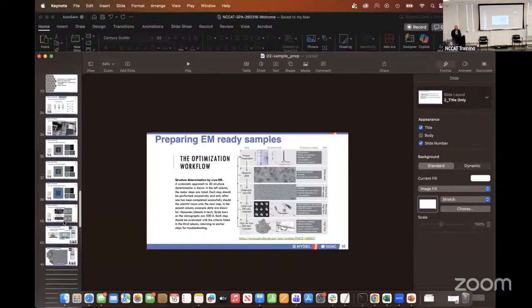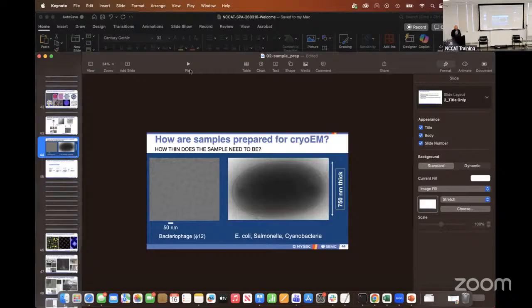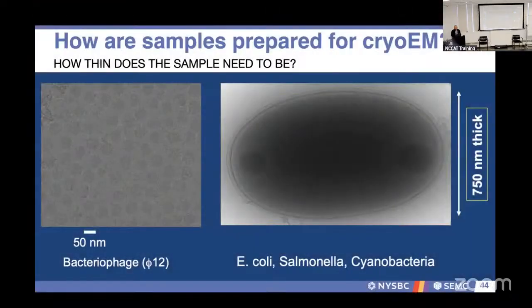Okay, I think I'm running on time. I have all the slides. I'm skipping a few things, but the main thing to note is that there was a mention on how thick can you go. If your sample gets thicker and thicker in a TEM, standard techniques are going to be less useful for sample prep. For example, if you were to image a whole E. coli cell, you can put several hundred nanometer thick samples into a TEM.